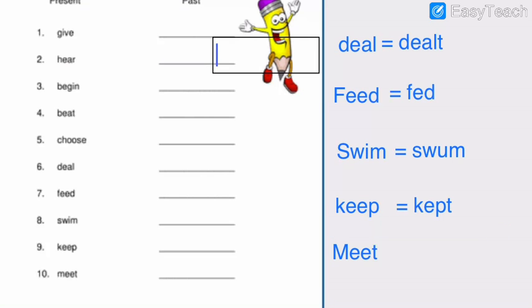I am sure you all might have written the answer. Just check your answer. The correct past form is met. Meet will become met. I met my old friend this afternoon or yesterday. So I hope that now you got the answer, students.